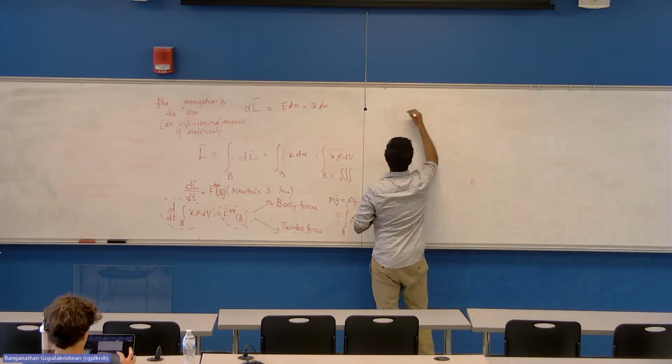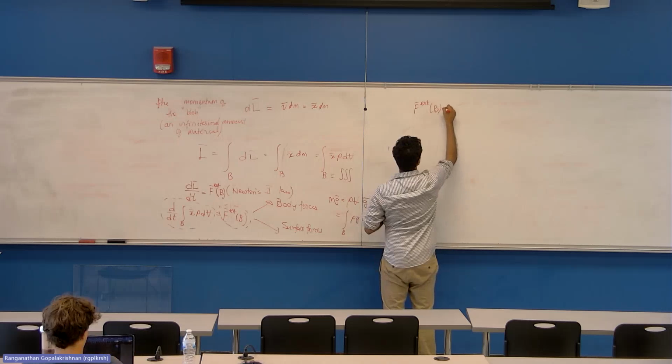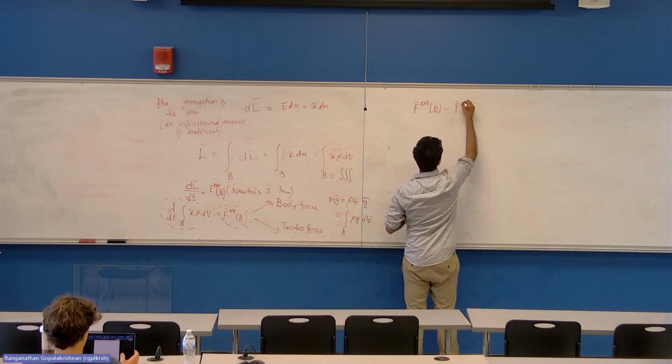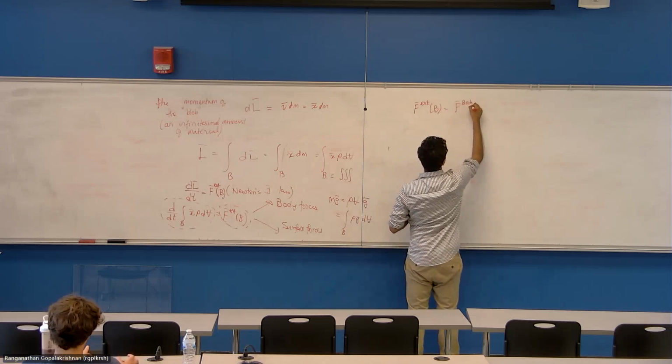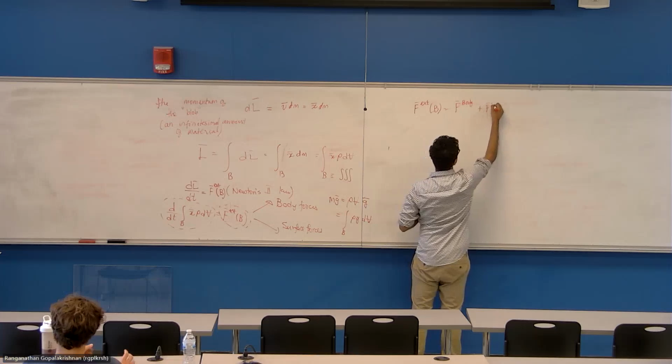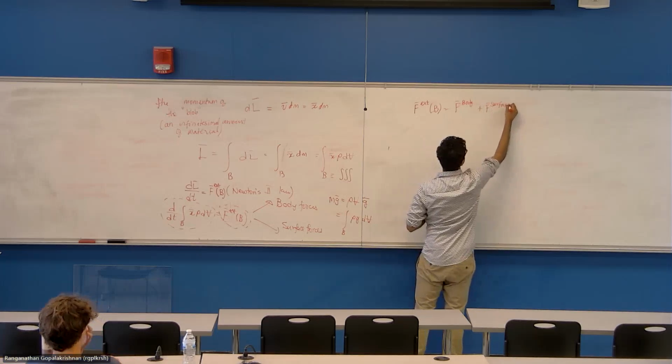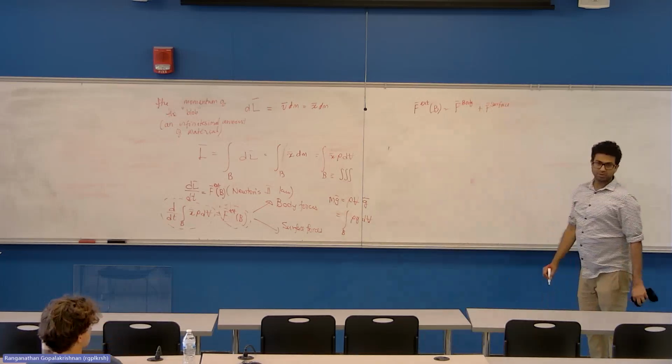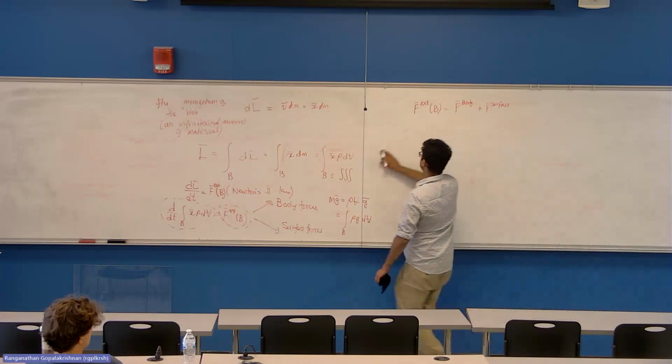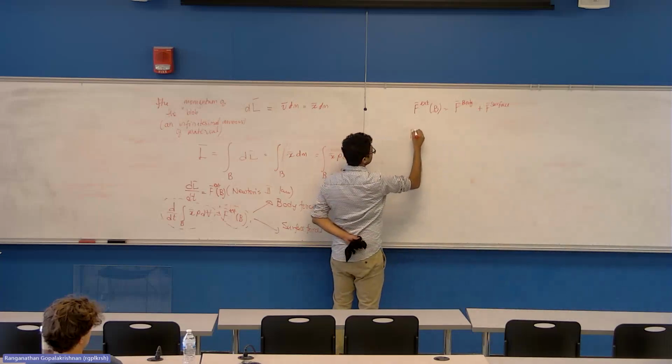So we can write F external that is acting on the body can be split as F body plus F surface. Body forces and surface forces. And the body force, we write FB.